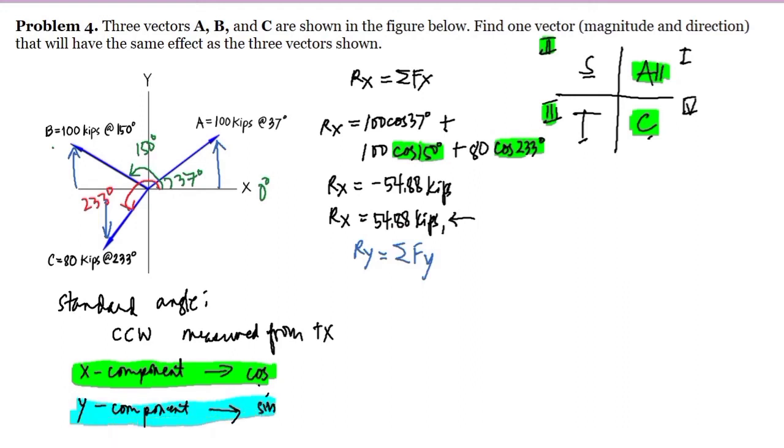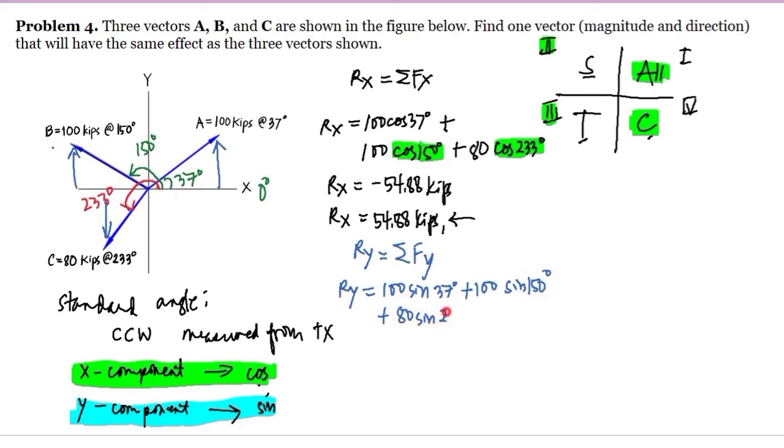So we have here Ry is equal to 100 sine of 37 degrees for vector A. For vector B, that is 100 sine of 150 degrees. And for vector C, that is 80 sine of 233 degrees.